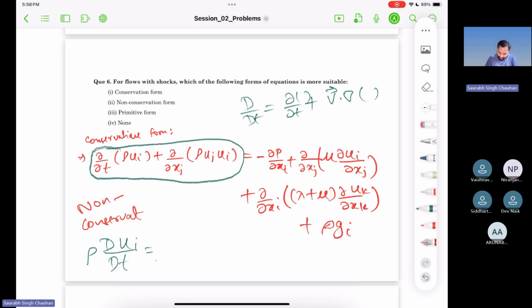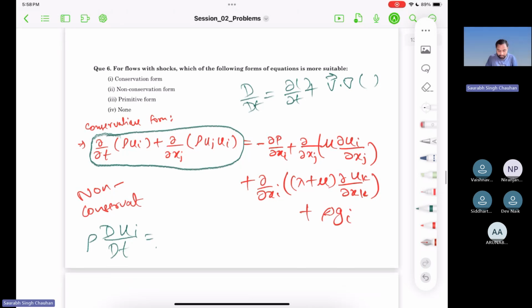So this is what we mean by capital D by capital Dt. So this is total derivative.